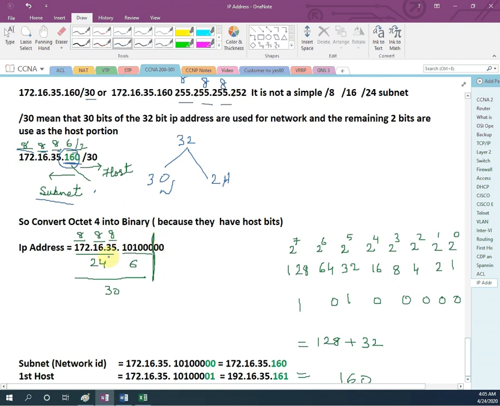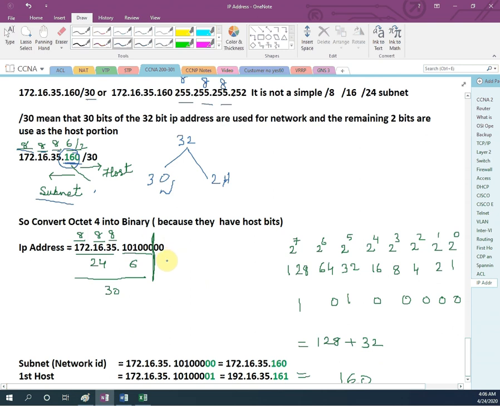Then I took 6 bits from here and moved them to the network. So this is 1, 2, 3, 4, 5, 6. I put this line, so these bits I moved to network. From here to here is the network bits. Now only 2 bits remain, and these 2 bits are only for the host.